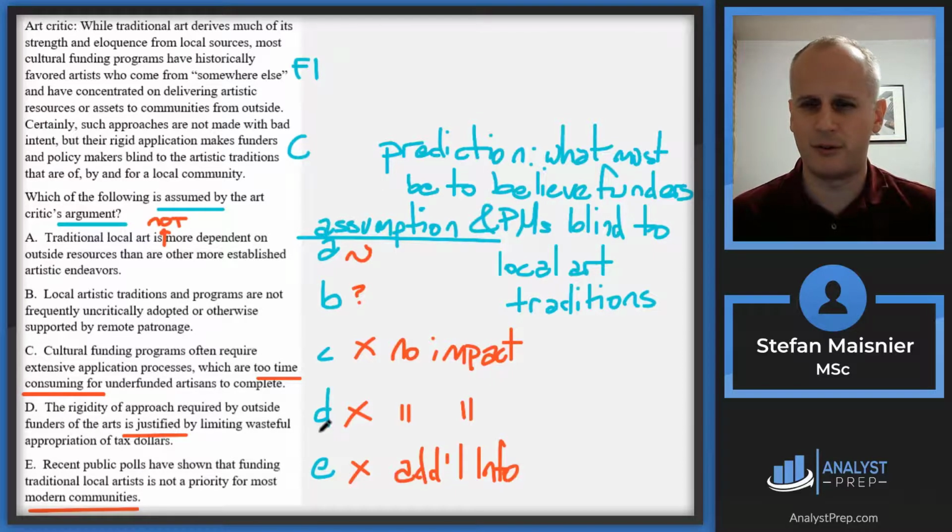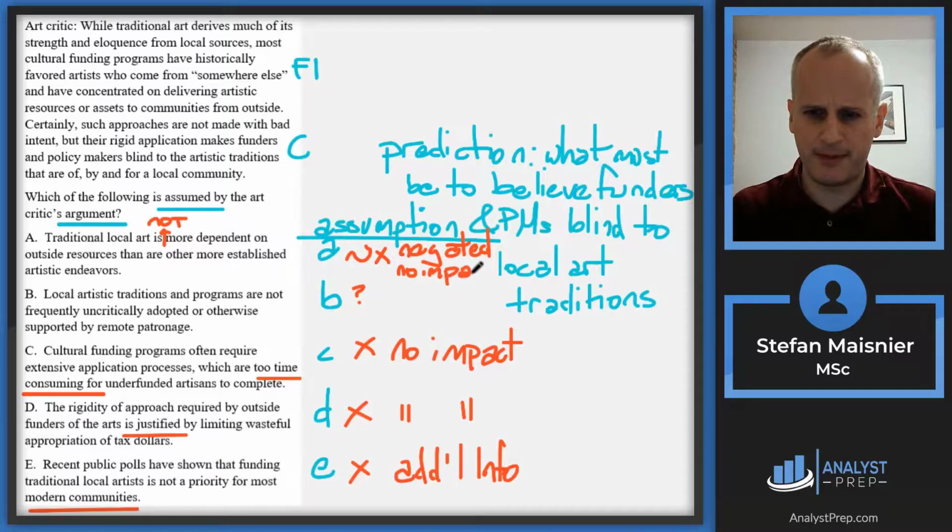But whether or not it's dependent on these things doesn't impact whether the people who fund the local art programs are blind to the art traditions of the locality. So this would be a negated no impact, because you're like, okay, well, that doesn't mean that the argument fails.